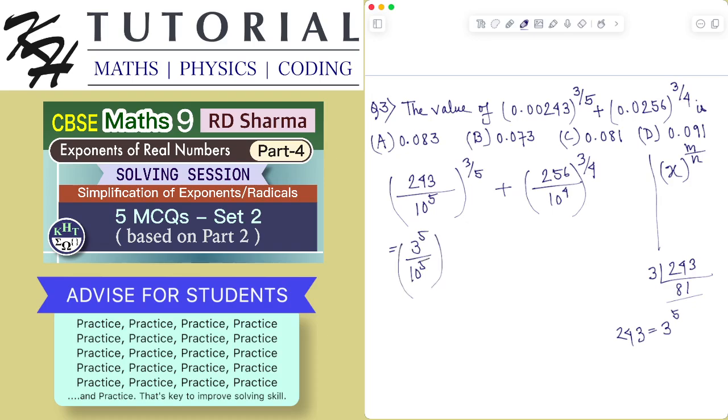So 243 is 3 to the power 5 and I have 10 to the power 5. This whole is raised to the power 3 by 5, plus again 256. I will try to express that as a power of 4, because in the denominator I have 10 to the power 4.